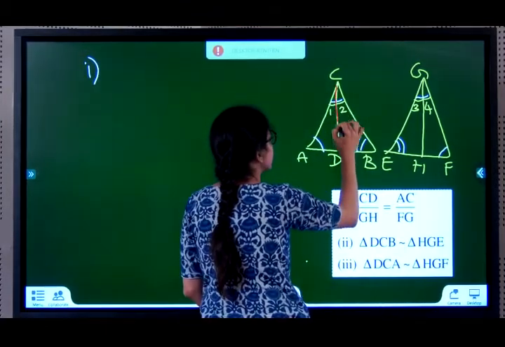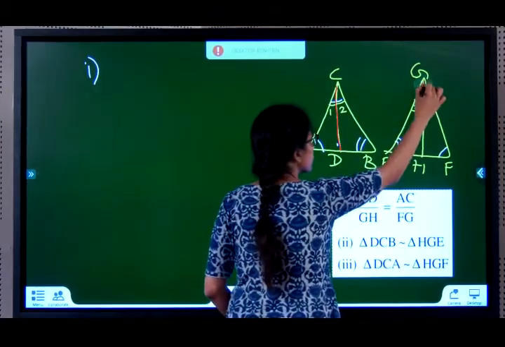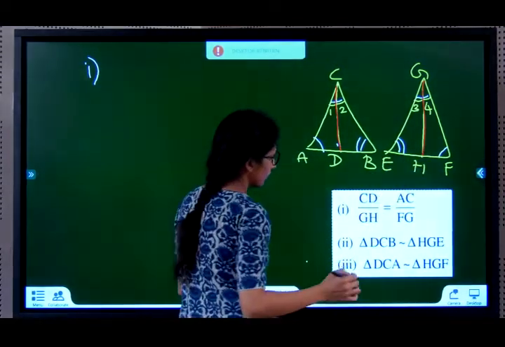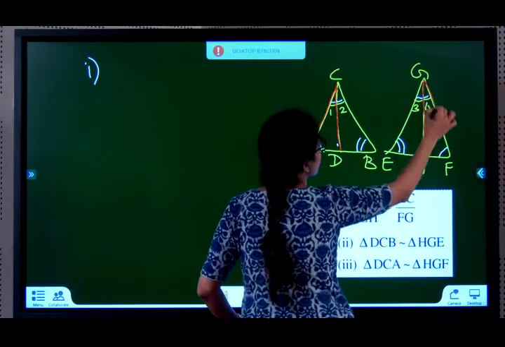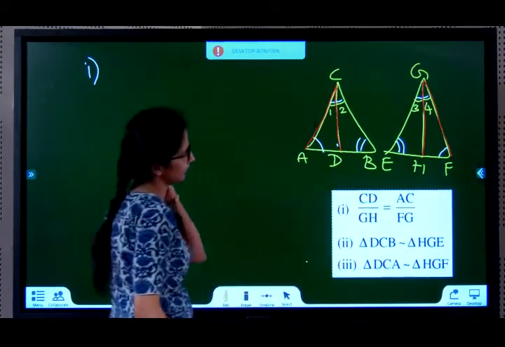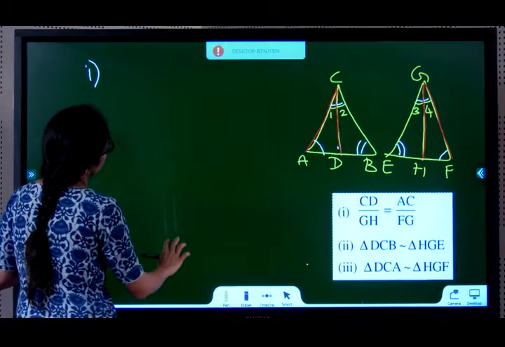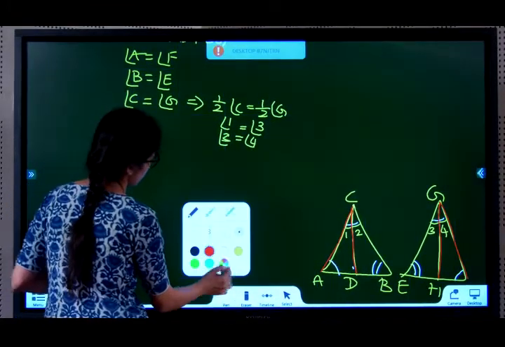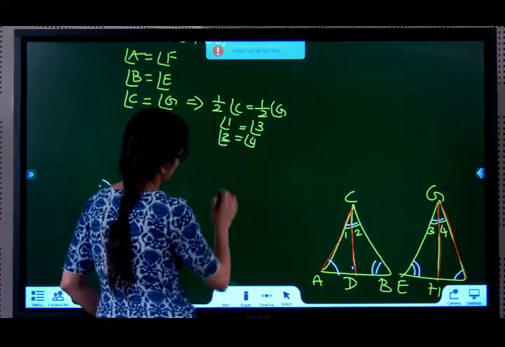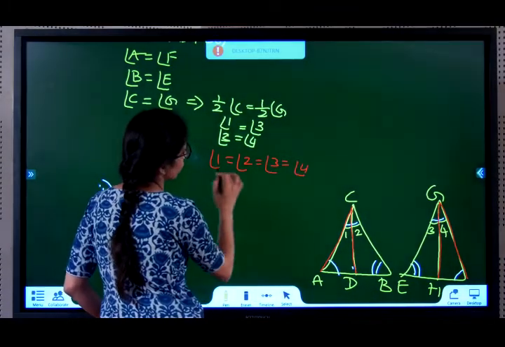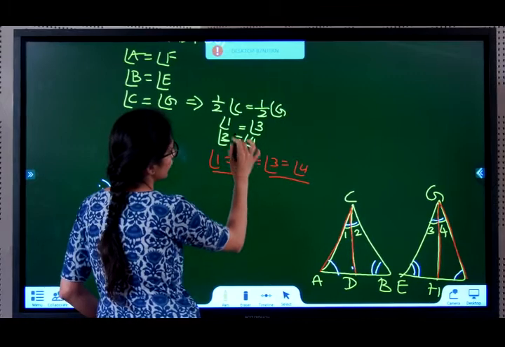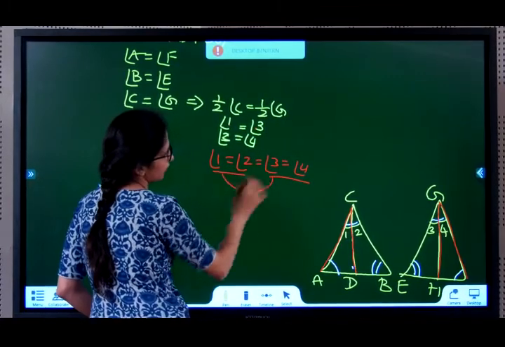CD by GH is equal to AC by FG. Yes? In the previous statement, you just make all of this equal. 1 equals 2 equals 3 equals 4. Why? Because we know 1 and 2 are equal, we know 3 and 4 are equal. Now we know 1 and 3 are equal. So all are equal. Okay.